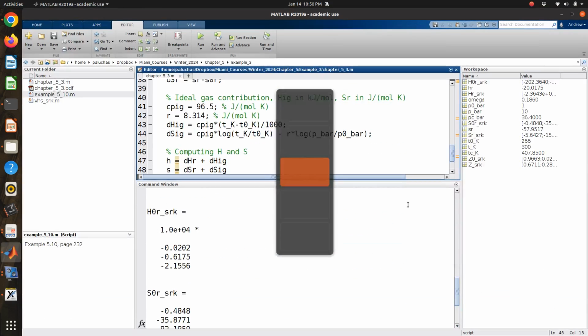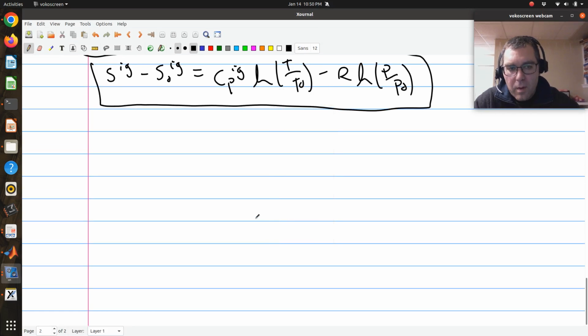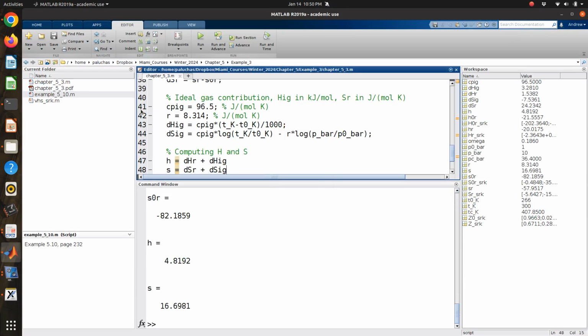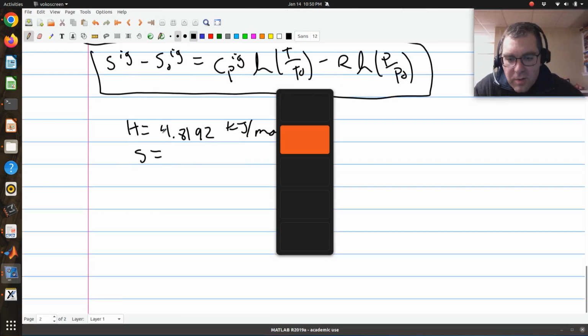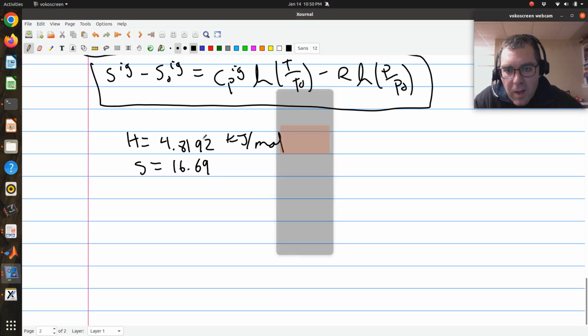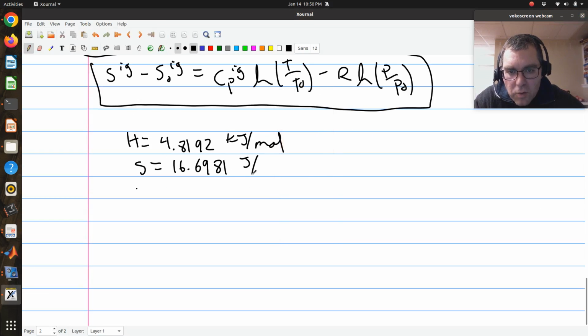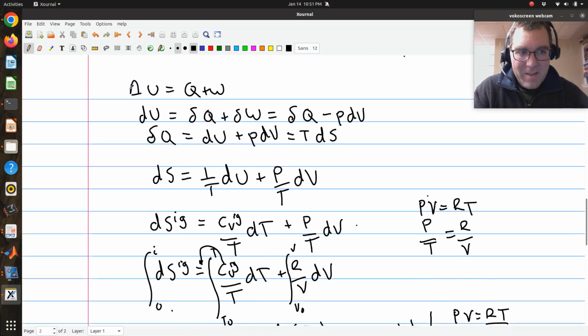So doing so, I get the H. My absolute H is equal to 4.8192 kilojoules per mole. And S is equal to 16.6981 joules per mole Kelvin. Whew. All right, so that's B.